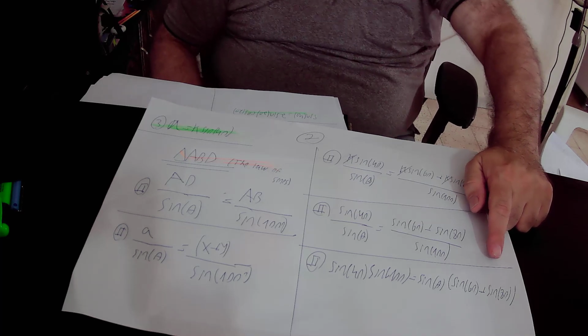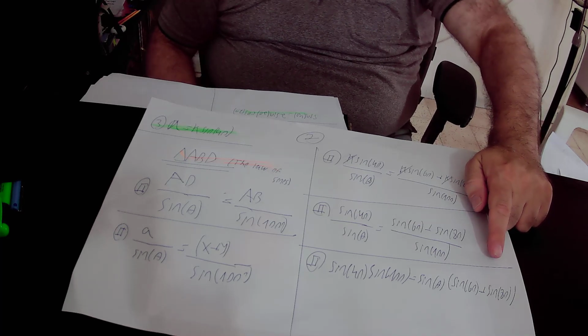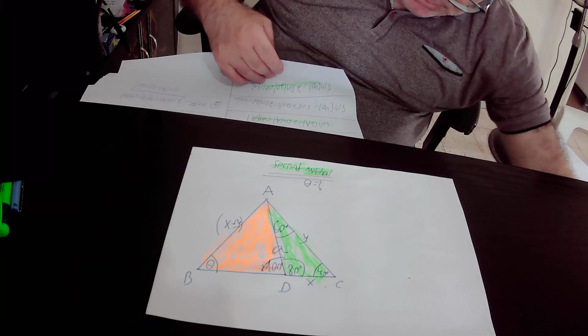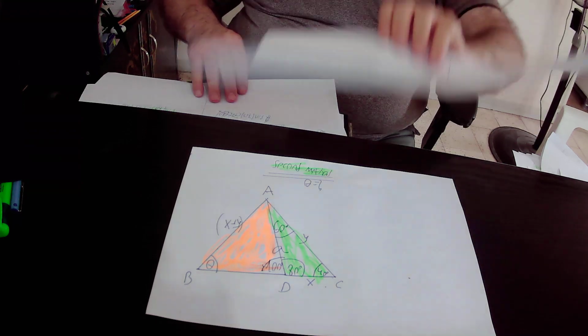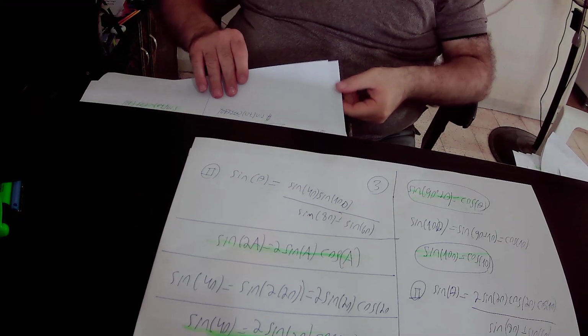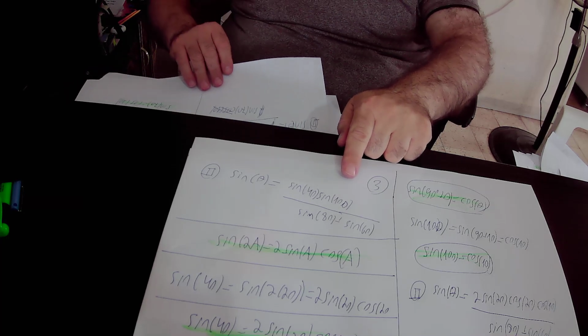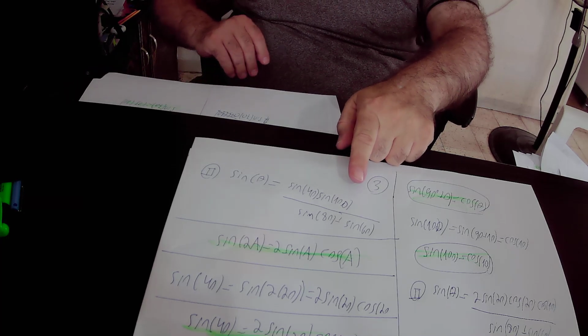Here we divided this equation by sine 60 degrees plus sine 80 degrees, and found out that sine theta equals sine 40 degrees times sine 100 degrees over sine 80 degrees plus sine 60 degrees.